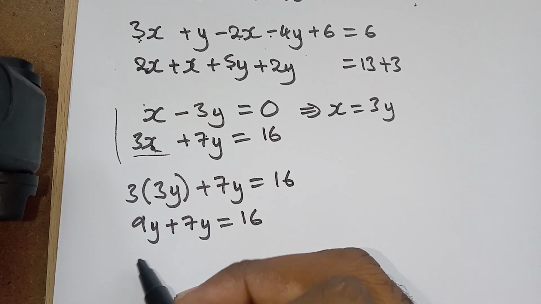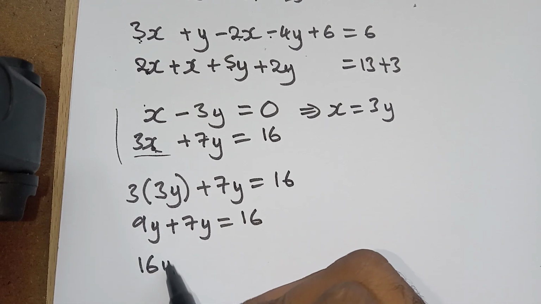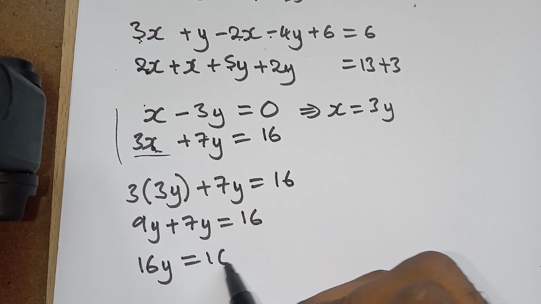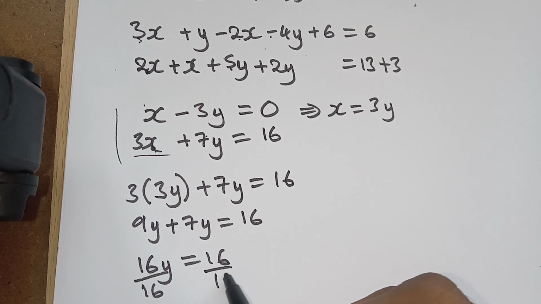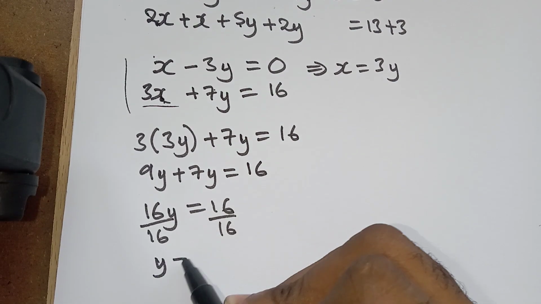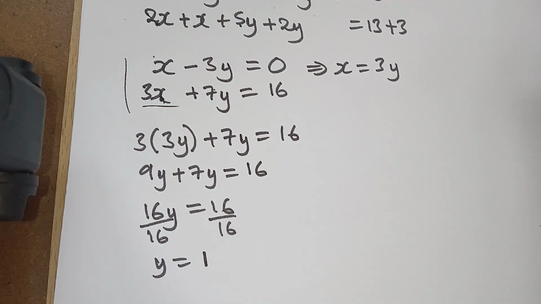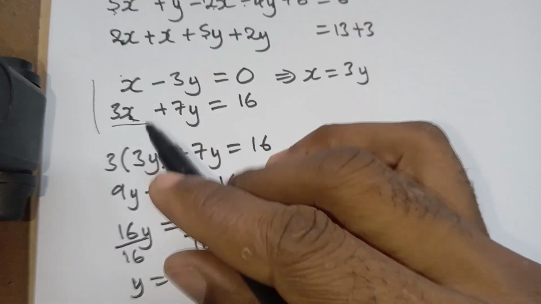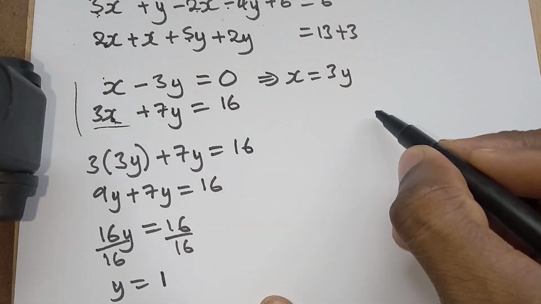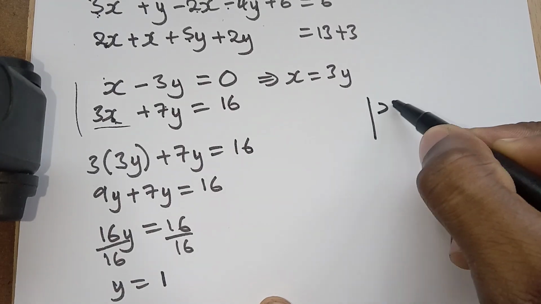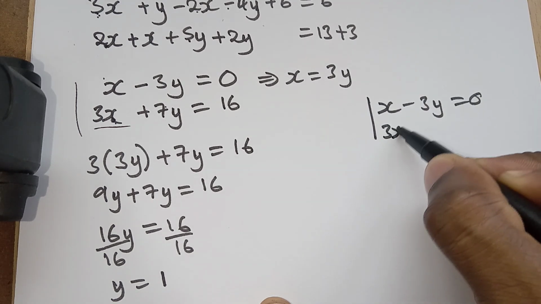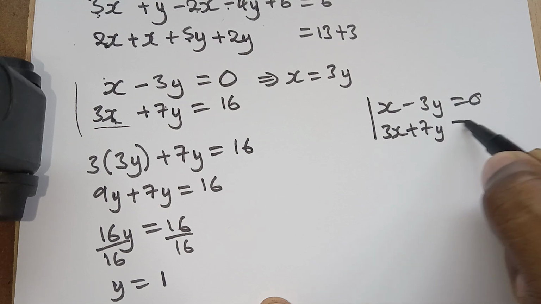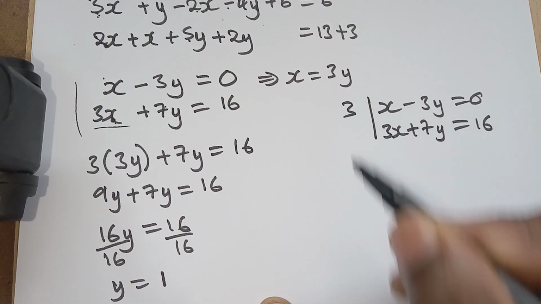Then when you add these two, you have 16y, which is equal to 16. And then you can divide both sides by 16 so that your y is equal to 1. So what I was saying at this stage is, if you want, you can just multiply the first equation by 3 like this.